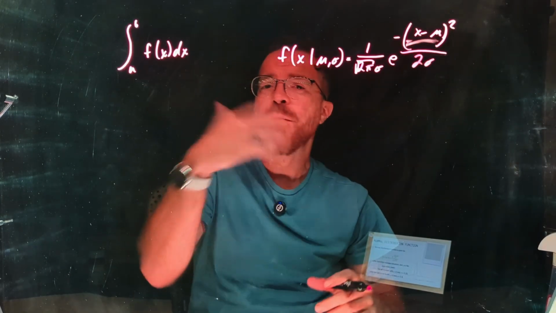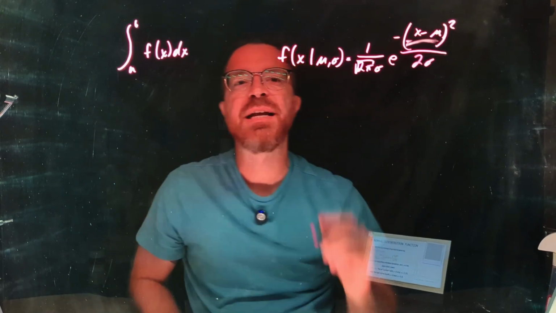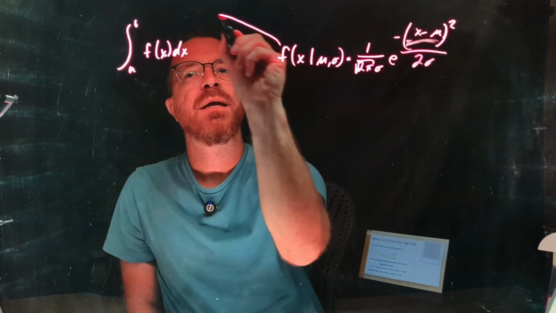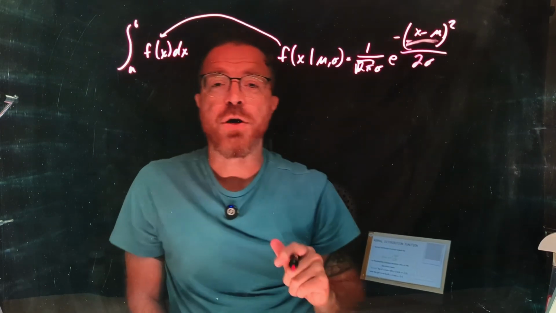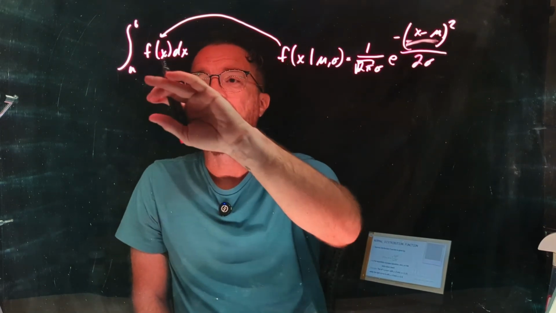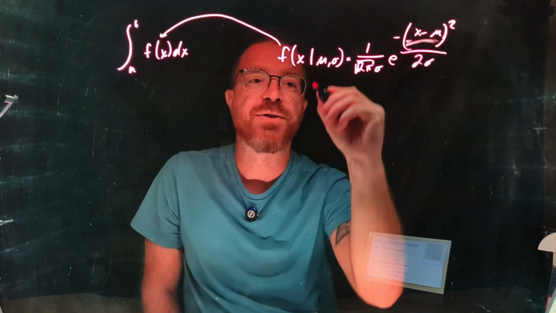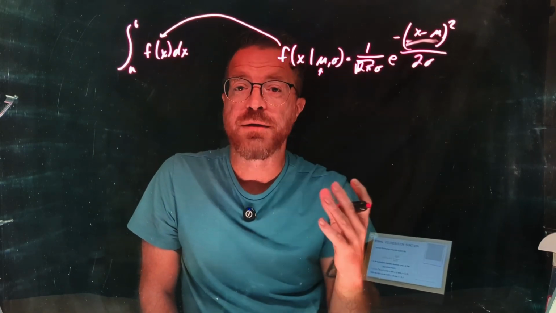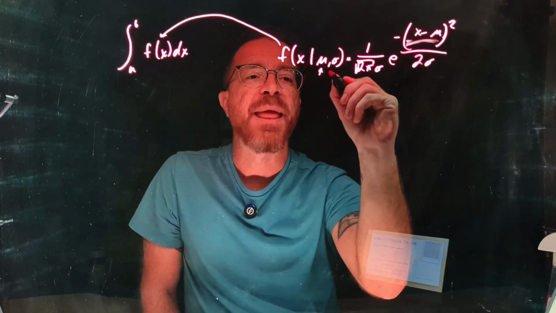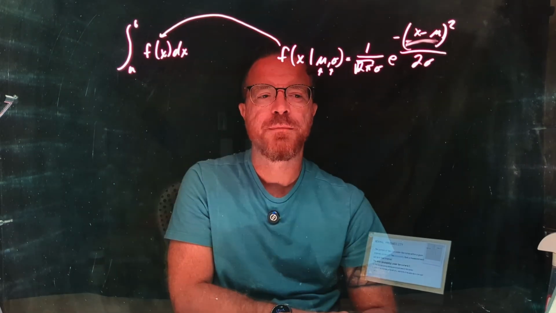Now, for this class, we're not going to be expecting you to calculate this way, but this is actually what that function, that f of x, would be if you wanted to solve this using integration. This would give you the probability for any area A to B based on your normal distribution, which is reliant on 2 factors: mu, where the distribution is actually centered, and sigma, how spread out that distribution is.